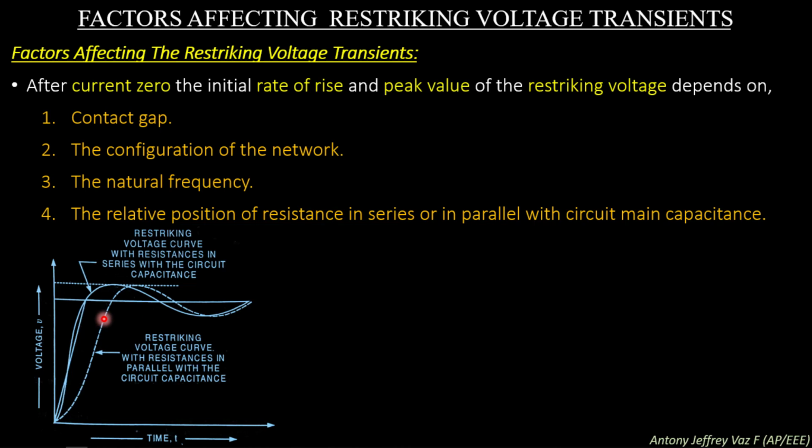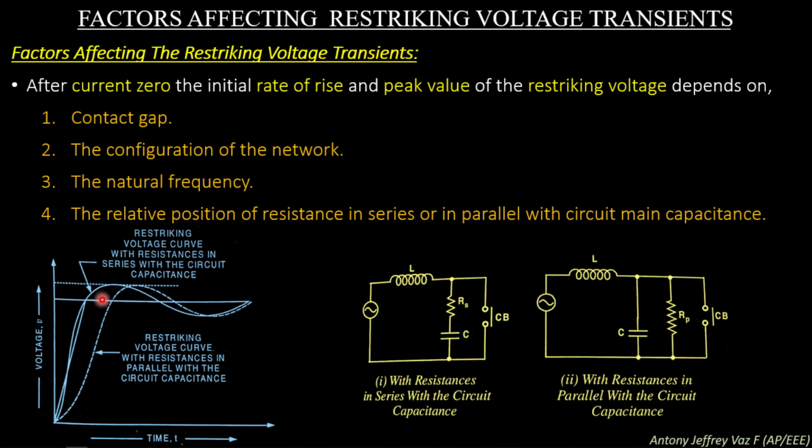In this figure, you can see the voltage on the y-axis and time on the x-axis. In this graph you are seeing the restriking voltage curve with the resistance in parallel to the circuit capacitance, and in the above graph you are seeing the restriking voltage curve with the resistance in series with the circuit capacitance. The graphs for these two circuits are shown here.